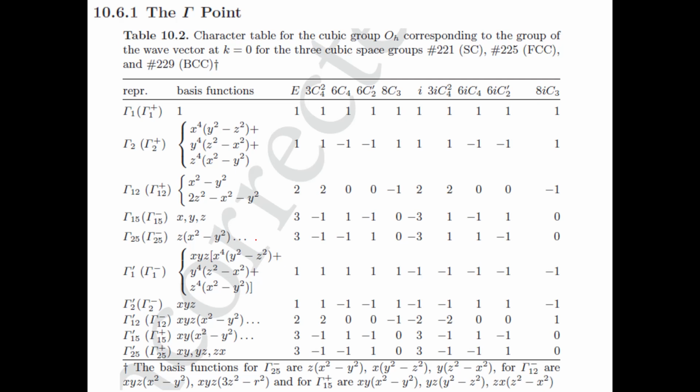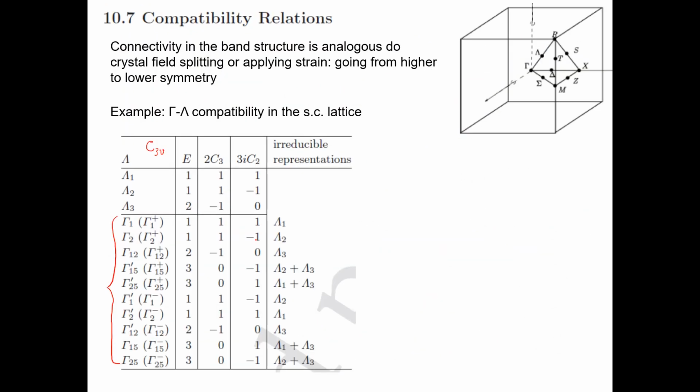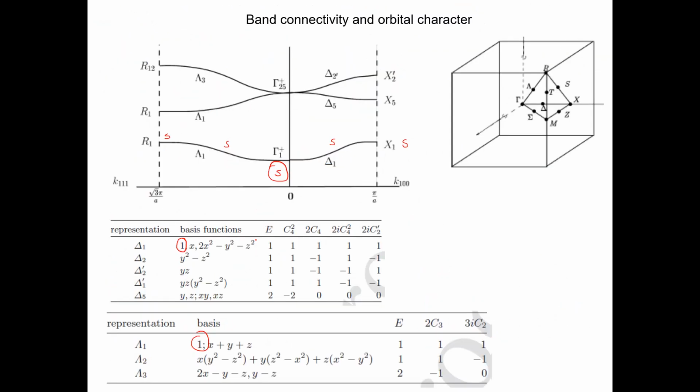I'm going to check that later, but I'm not sure if this is gamma 25 plus or gamma 25 minus, but this is a band with a P character. So this is a triply degenerate state, meaning that this is Px, Py, and Pz.